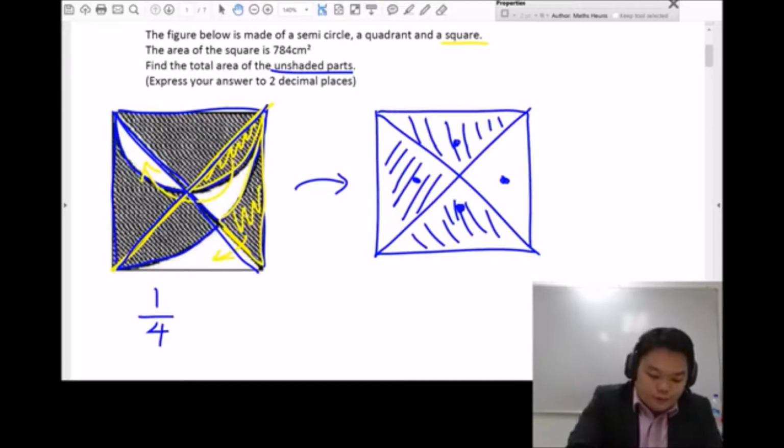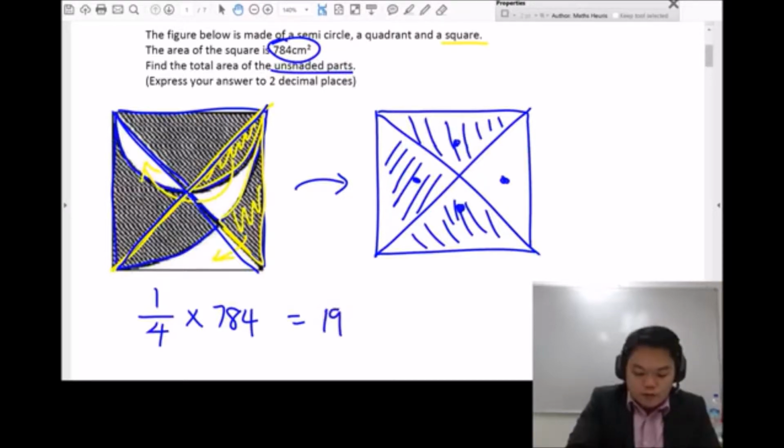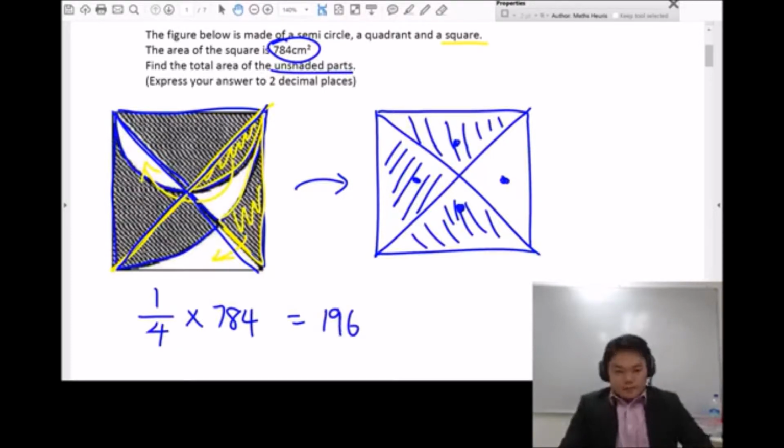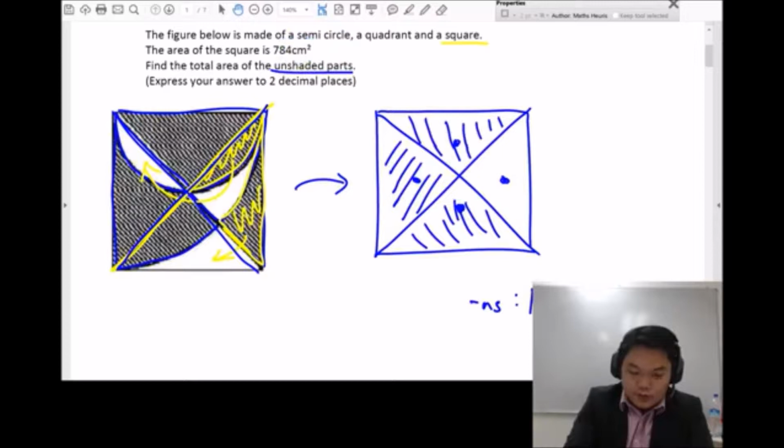So 1/4 of the area, 784 cm squared, would just be 196. So there you have it. It can be solved by a one-liner when you know how to rearrange it. The answer here is 196 cm squared.